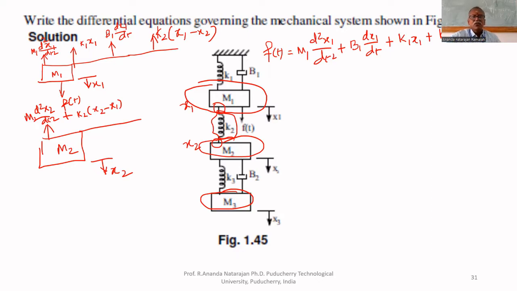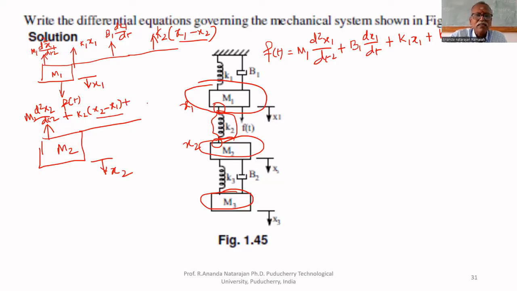Earlier we wrote x1 minus x2 for M1, but for M2 we write x2 minus x1. That is the only difference.